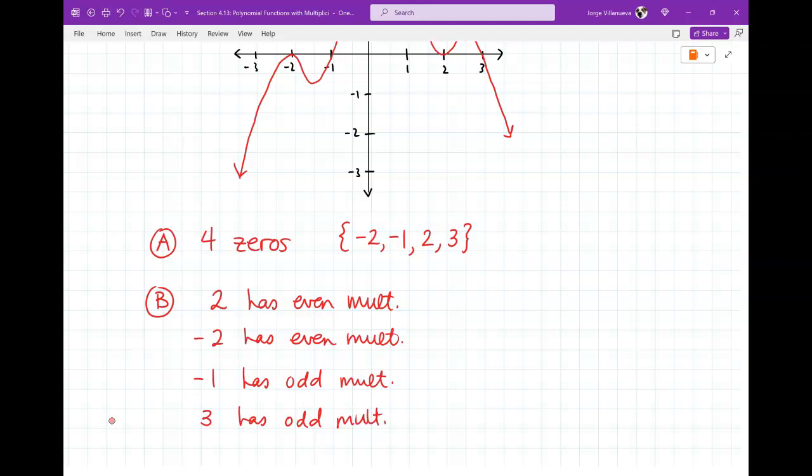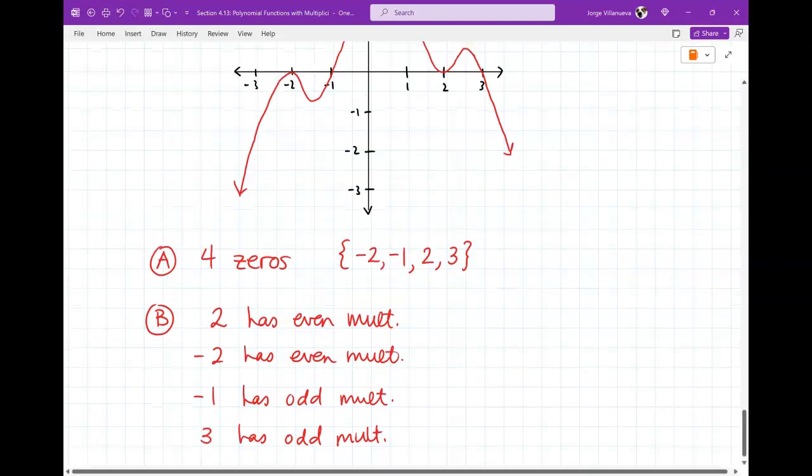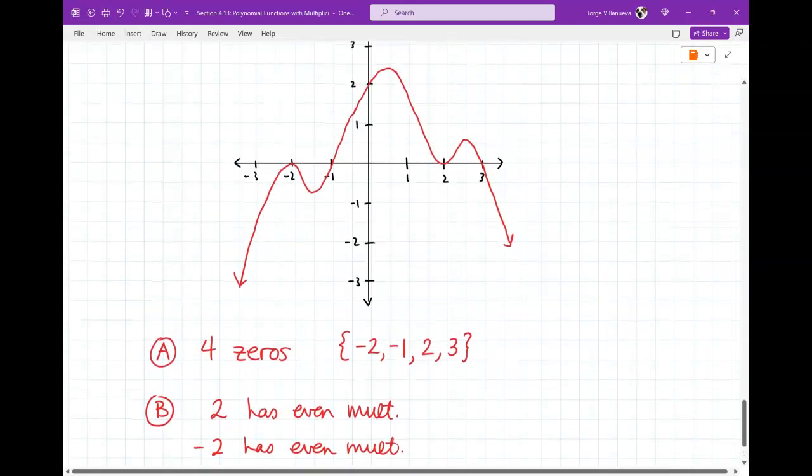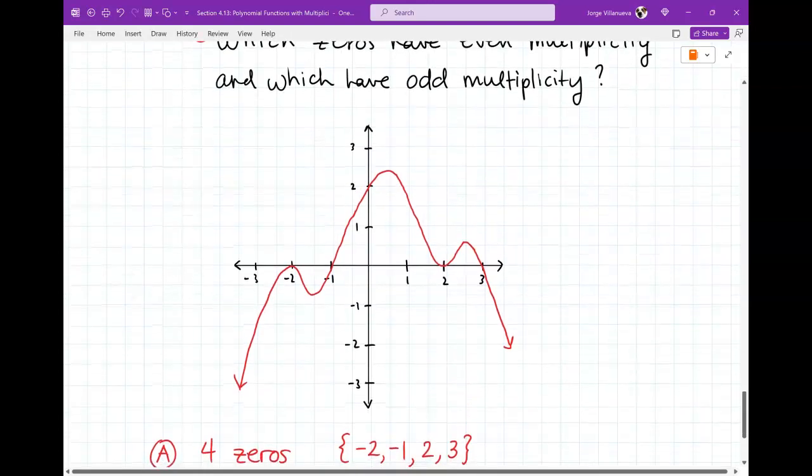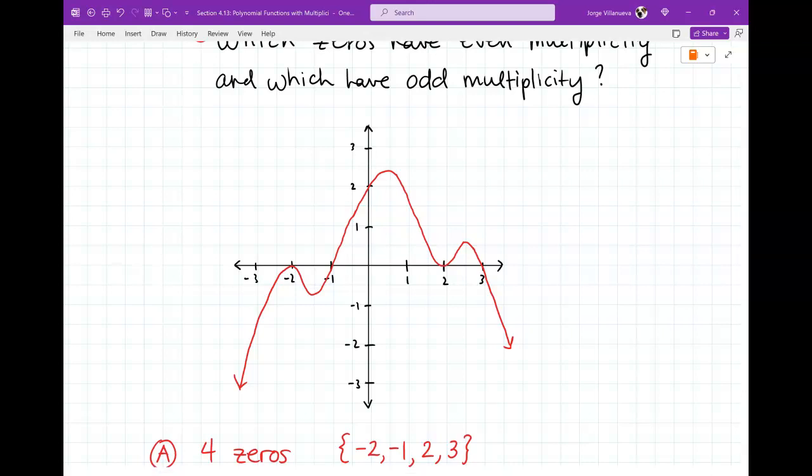Now I know I didn't ask you to do this in the problem, but if I were to kind of look at this, you should be able to, like I said, given a function that we have right here, this picture, you should be able to tell where it's even and odd multiplicities, right?